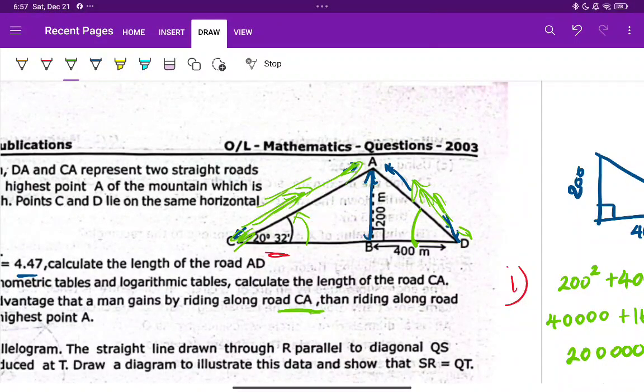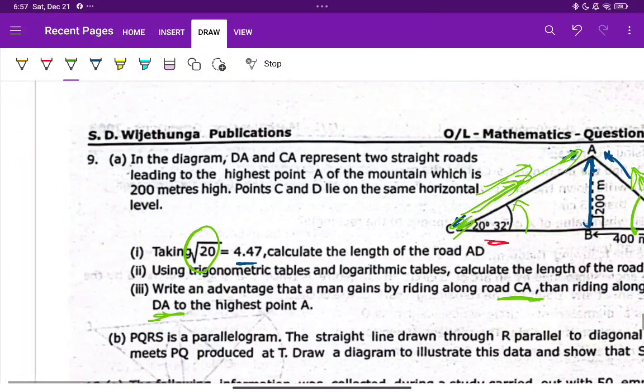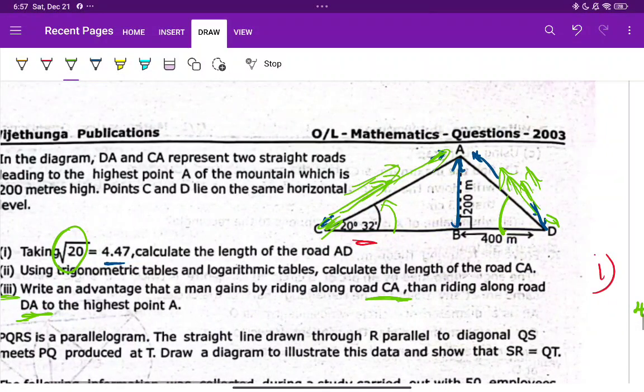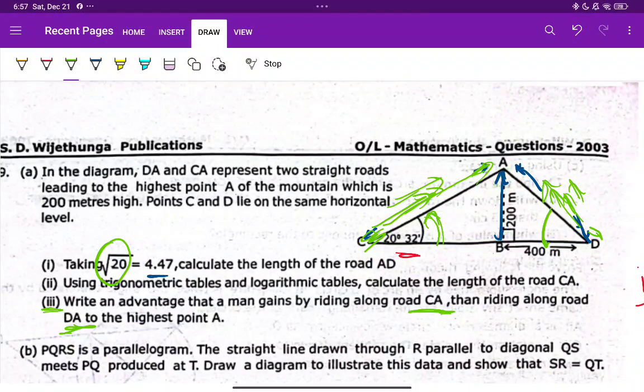So this would be energy efficient, but this would be less energy efficient. You can write any answer for this third one which is suitable. So we better mark out the inclination, so we can highlight that. You can say that the inclination of the path DA is higher than that of the path CA. So that is advantageous riding through CA.